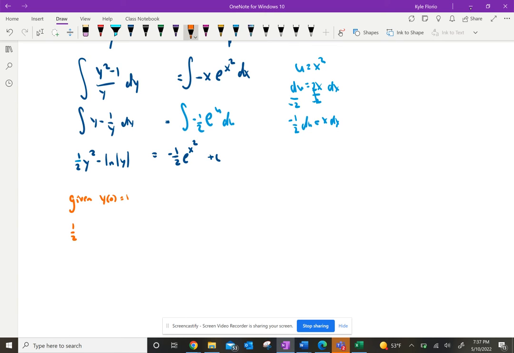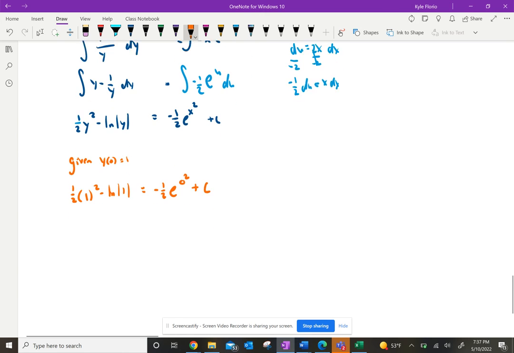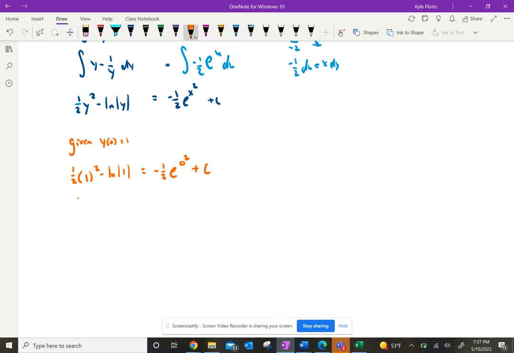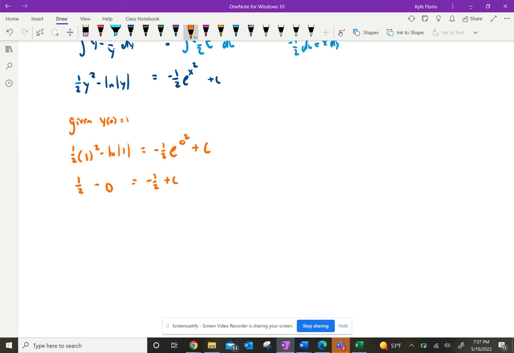So I'm going to get 1/2 times 1 squared minus the natural log of 1 equals negative 1/2 e to the 0 squared plus c. So 1 squared times a half is a half. The natural log of 1 is 0. e to the 0 is 1, so I'm just going to get negative 1/2 plus c. Add 1/2 to both sides. 1/2 plus 1/2 is 1. So c has to be 1.